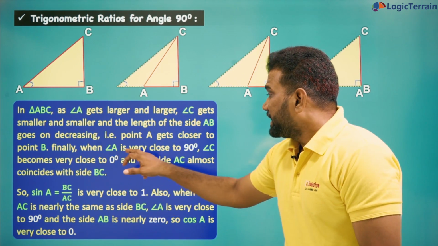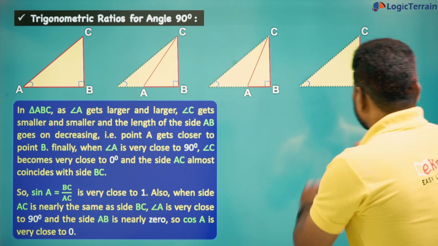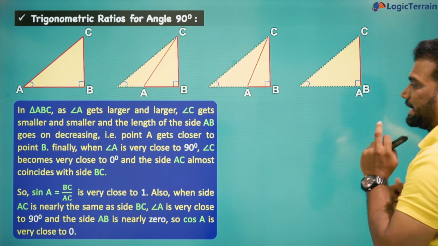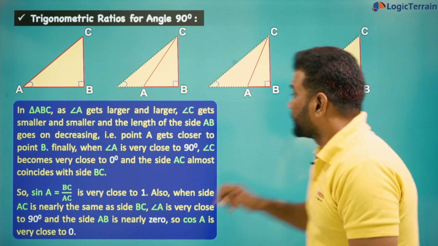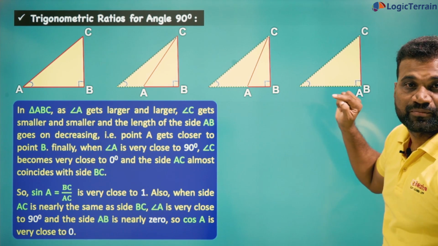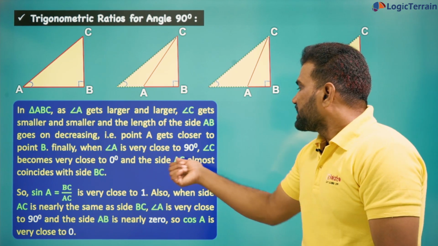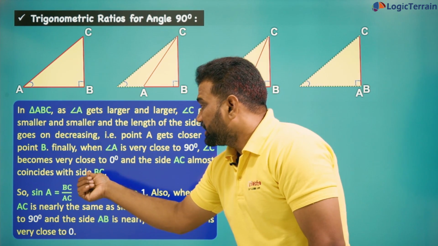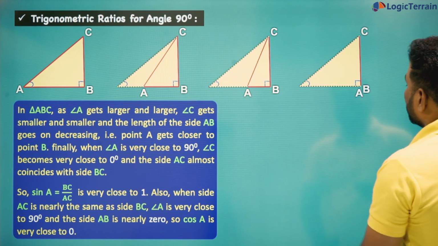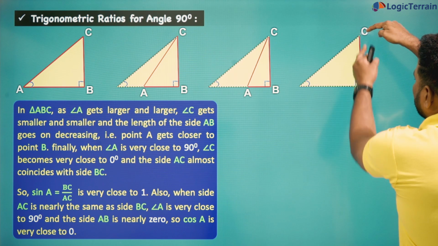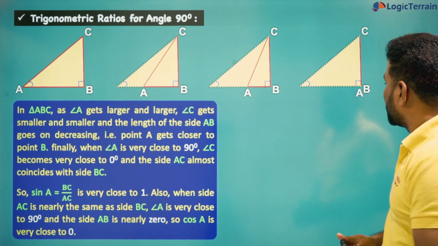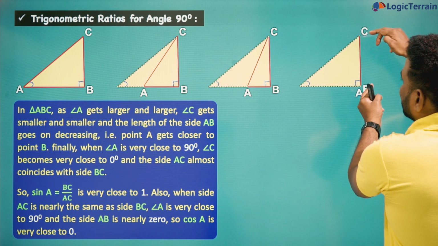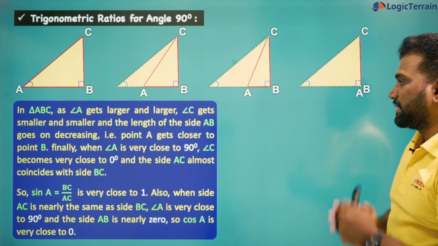Finally, when angle A is very close to 90 degrees, angle C becomes very close to 0. Angle C is almost 0, okay, and the side AC almost coincides with side BC. Which means AB length is equal to BC length, right?